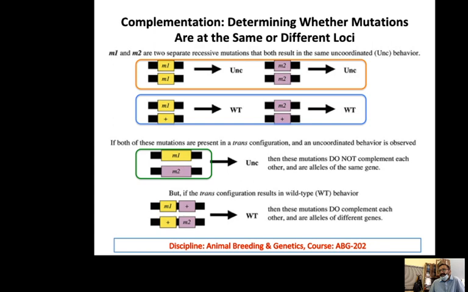Now, if it is not like that, the other way, M1 plus, plus M2, where the alternate form is plus, either the case of M1 or M2, then they seem to be two different genes at different locations.